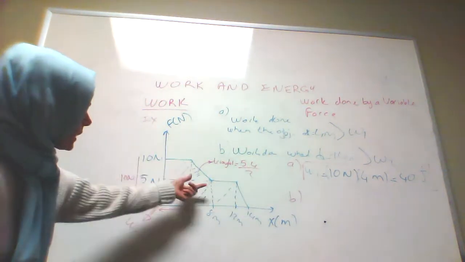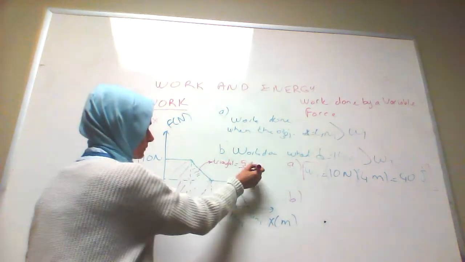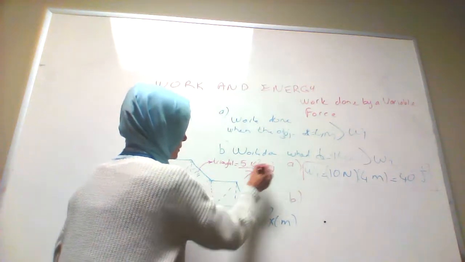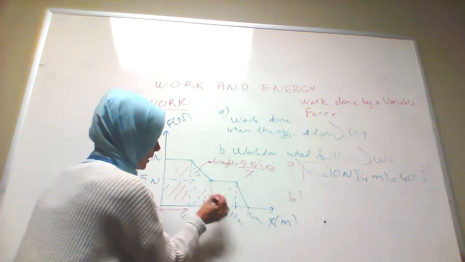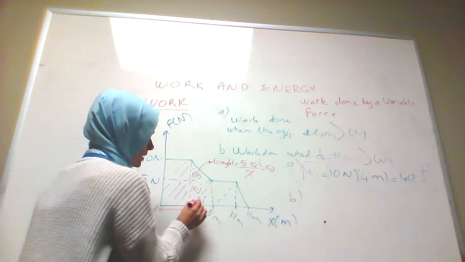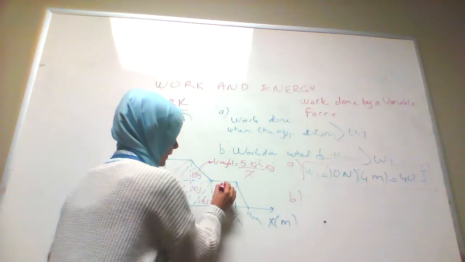Again, the 2 right angle sides divided by 2 is the area of a triangle. I'm dividing 4 by 2 here, 5 times 2, 10 joules. Each little triangle here is worth 10 joules. So I put here 10 joules. This is also 10 joules. And the same.